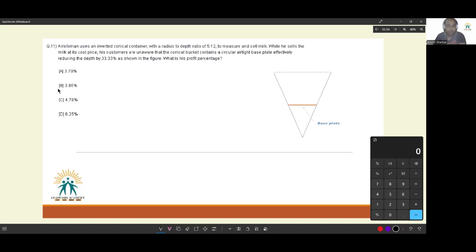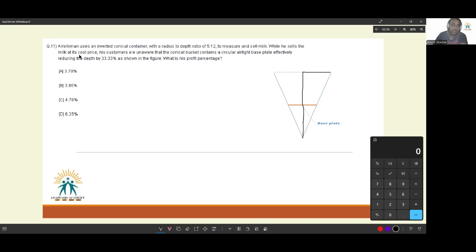Next question. A milkman uses an inverted conical container with a radius to depth ratio 5 is to 12. So if this is 5, this is 12. So this slant height is 13. This is also known. To measure and sell milk.